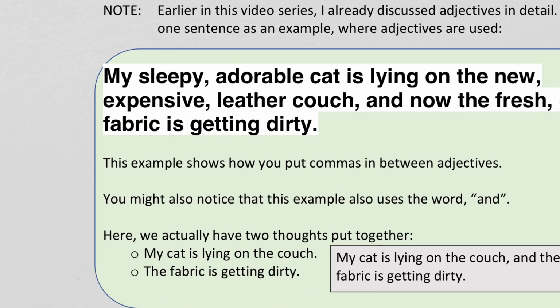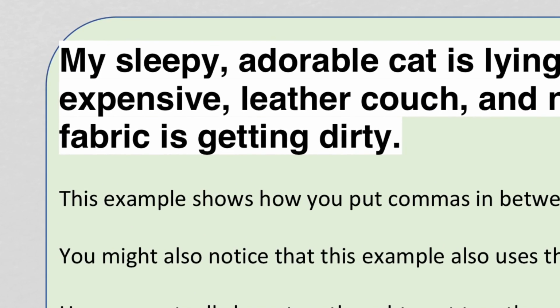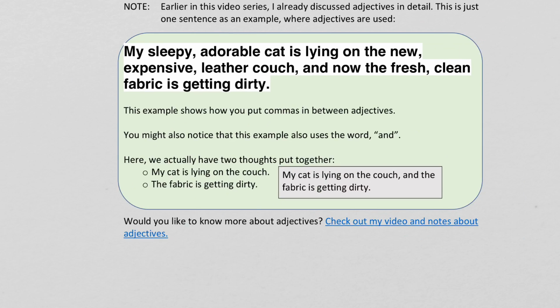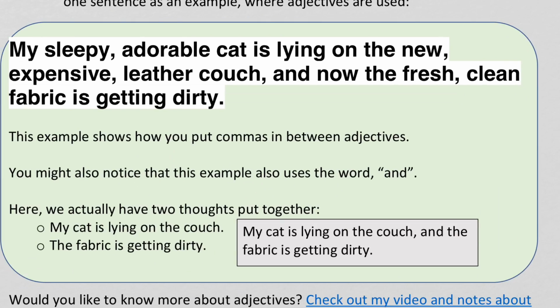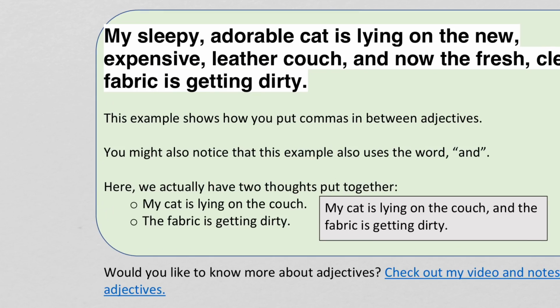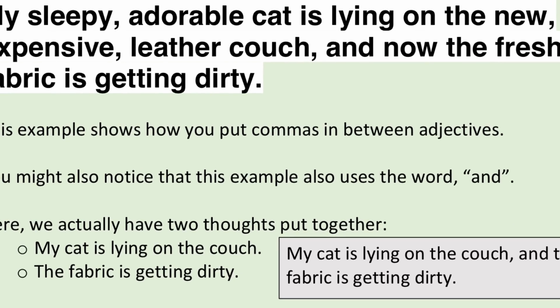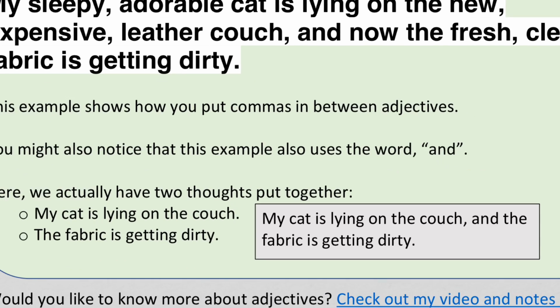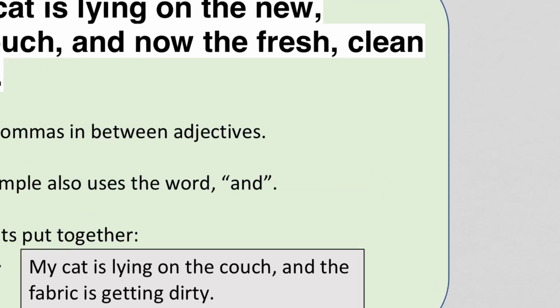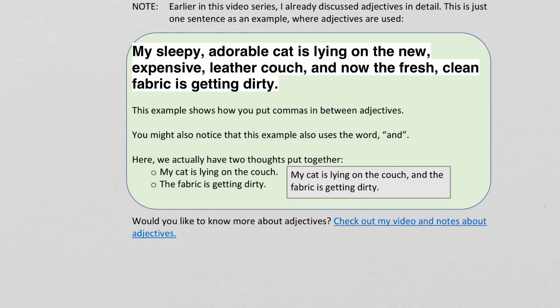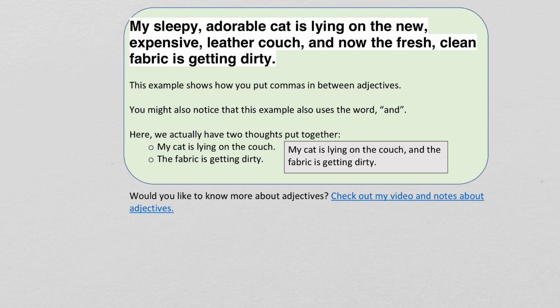You notice we have some spots here: sleepy, comma, adorable, right? New, comma, expensive, comma, leather, right? New, expensive leather, right? And then we have fresh, comma, clean. So you put commas in between adjectives.